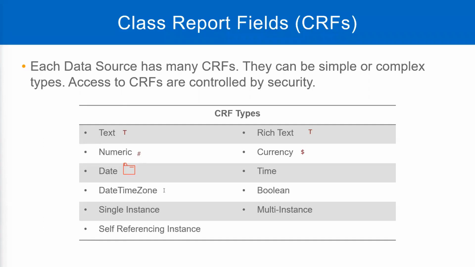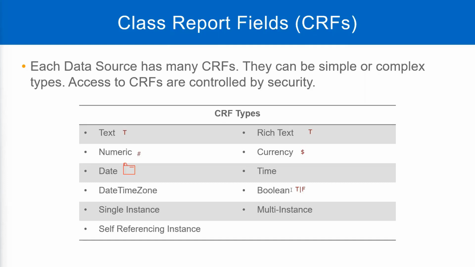The symbol of a Boolean is T, F, true pipe false. If you see a field like this, you immediately know it is a Boolean field.